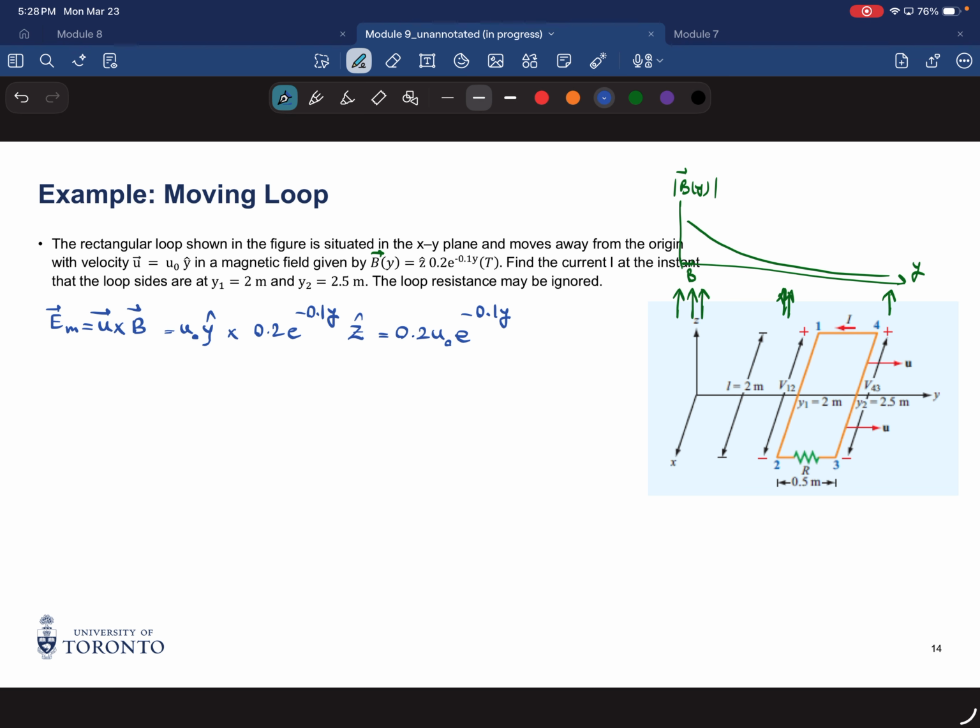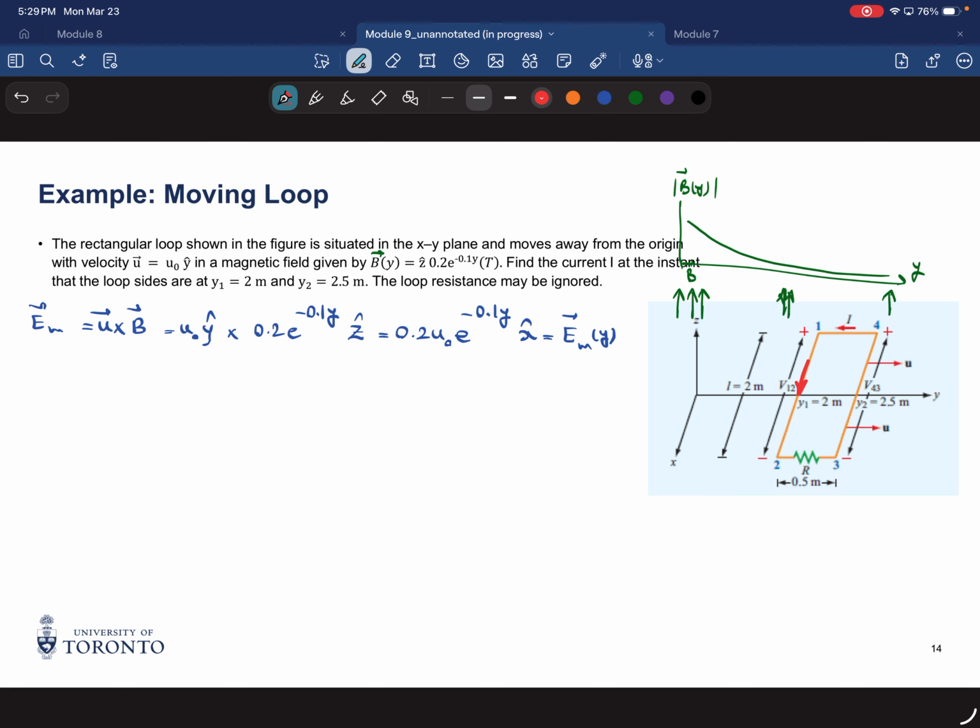Y hat cross z hat? X hat. Perfect. So EM is a function of y as well. So here, if I want to write this more accurately, actually, let me write it here. EM is a function of y, and it's in the direction of x hat.